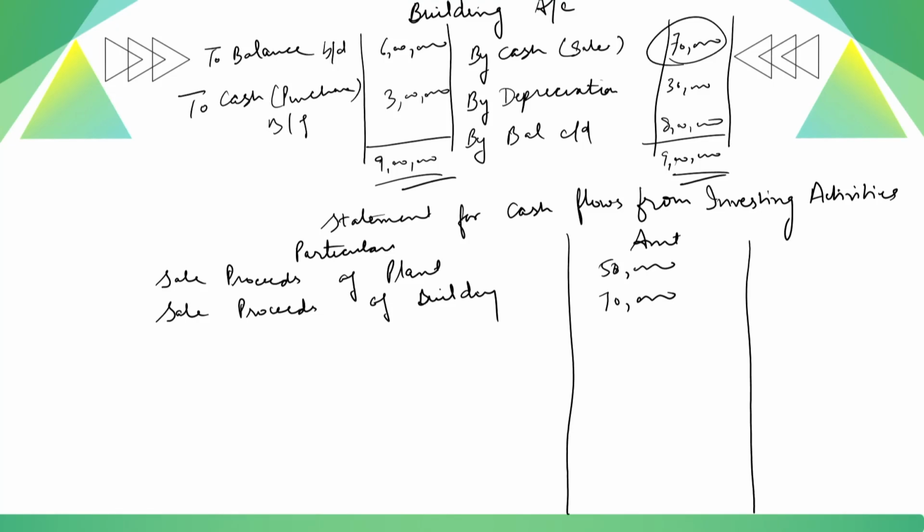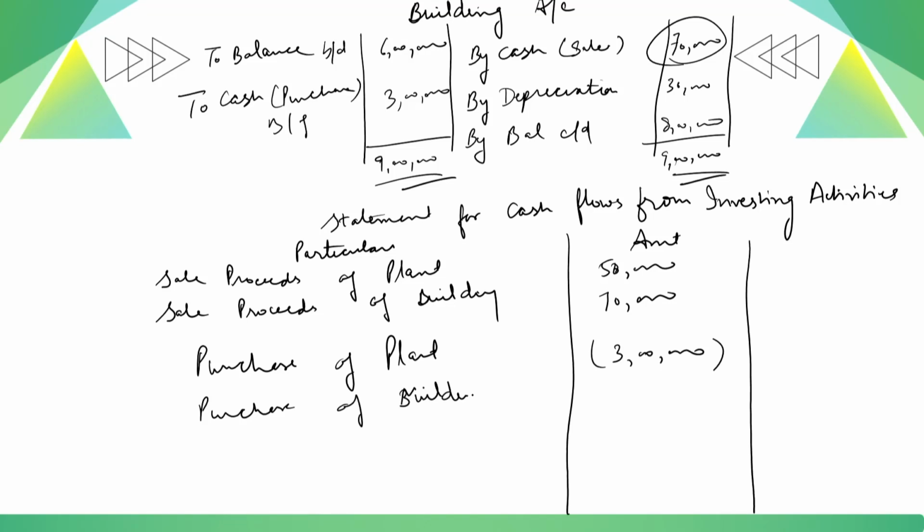So, now we will deal with purchase of plant, as it is to be deducted. So, I am putting it in a bracket, 3 lakh. Then another, we have purchase of building. Purchase of building is also of 3 lakh rupees.